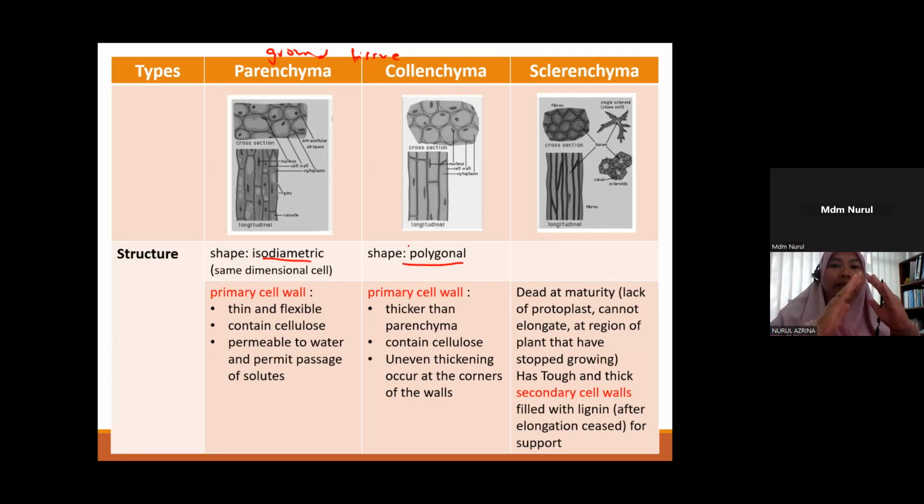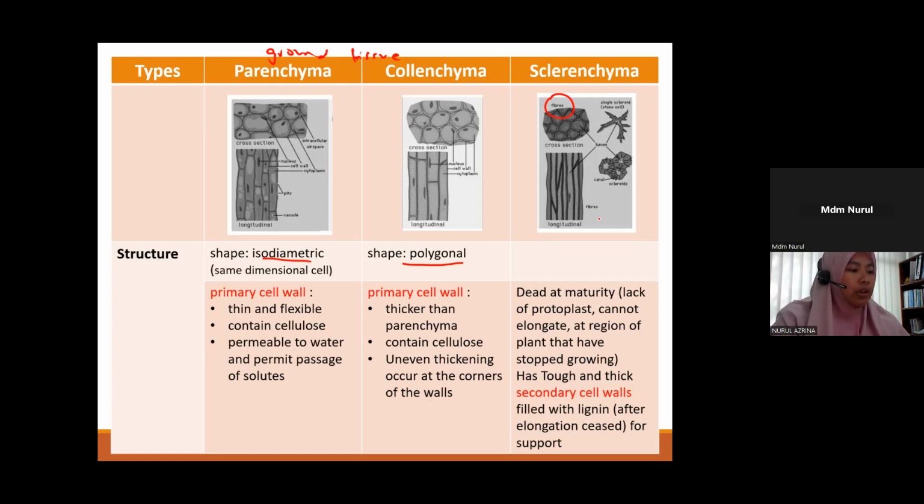Polygonal here means they have many sides, or in Malay, bersisi. And sclerenchyma has a different structure based on the type of sclerenchyma cell, either fiber or stone cell. Later we are going to discuss that.